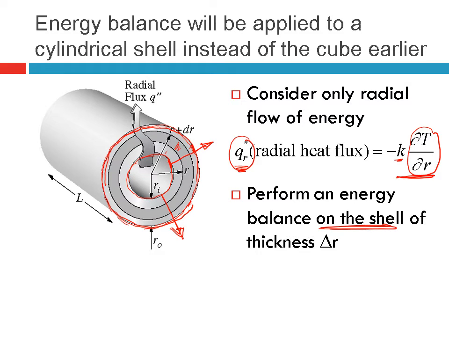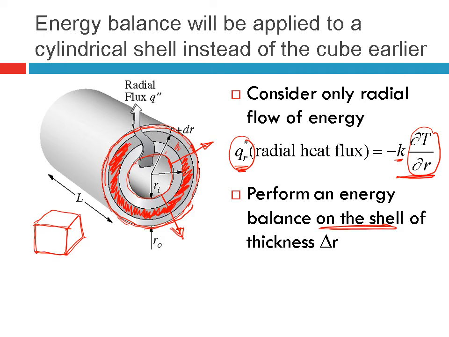So I want you to recap that in Cartesian coordinates we had a control volume like that. Now we can't use this one here, so we have to match it to the geometry. So instead of this control volume, we're going to have this control volume here. That is the part that you see here. Okay, so this is a shell now.